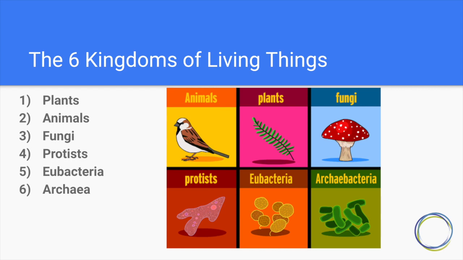When we talk about living things, there's actually some debate about how many kingdoms, how many groups of living things there are. But for the purpose of today, we're going to go with these six. So we've got plants, animals, fungi, protists, eubacteria, and archaea.